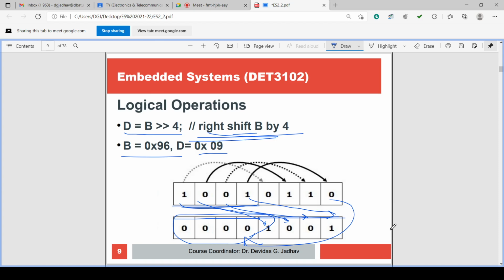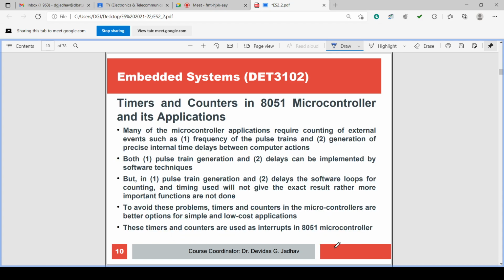These are very useful in our embedded C programs because we are handling bit level operations. Bit level logical operation is very important in embedded C programs, so more fine operations are possible. Shifting left and shifting right we have seen.